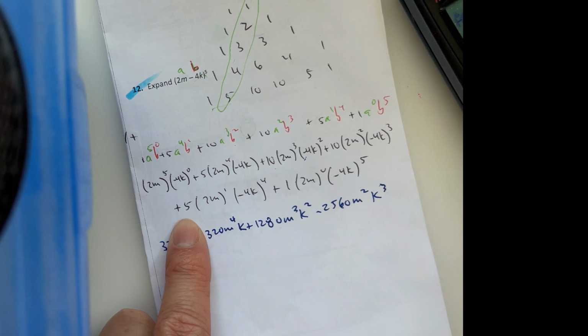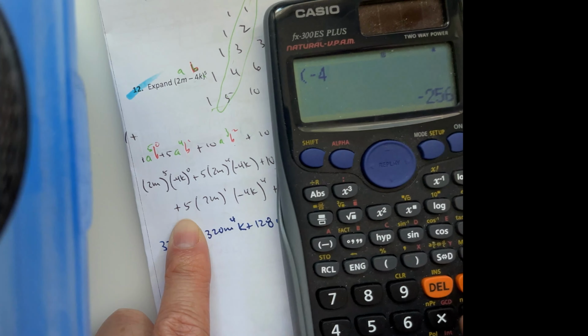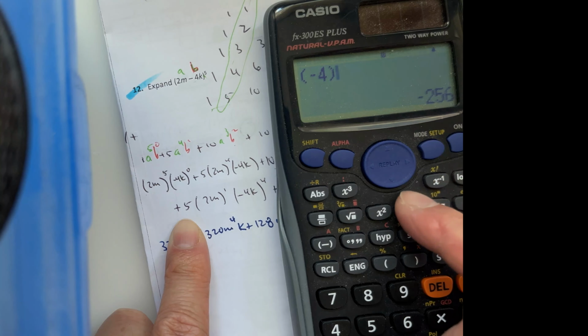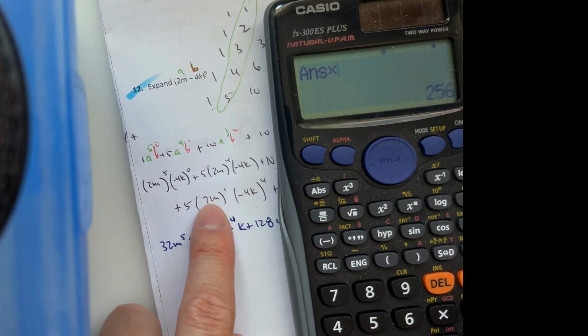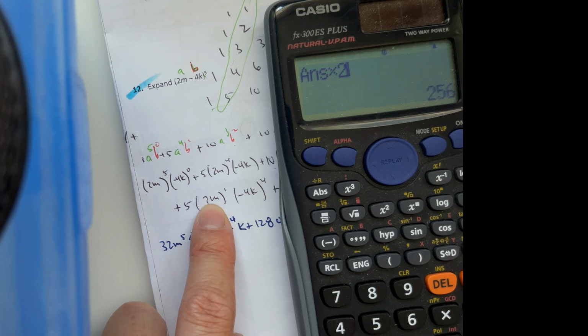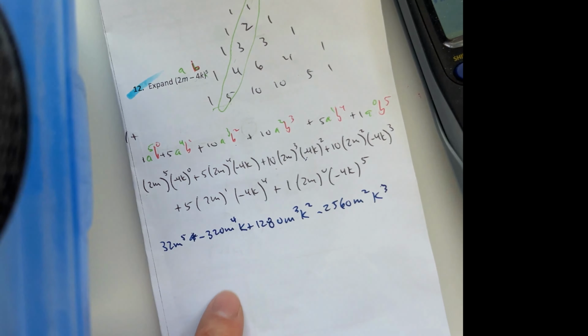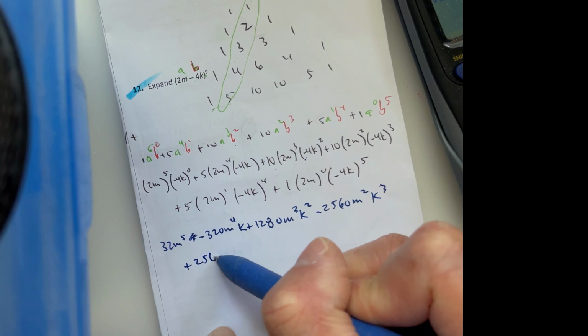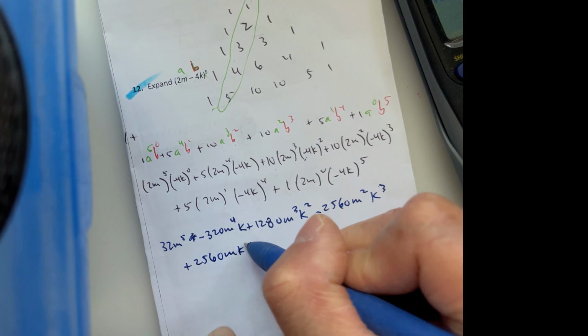And then negative 4 to the 4th power, you have to put it in parentheses. Times 2, it's 2 to the 1st power, times 5. 2560, that's positive. And then m, k to the 4th.